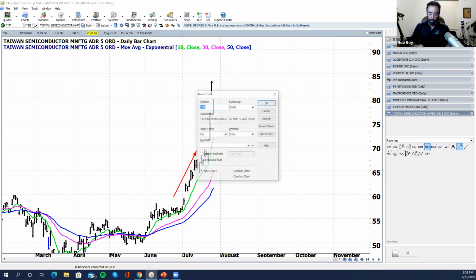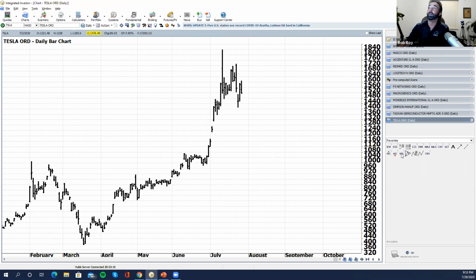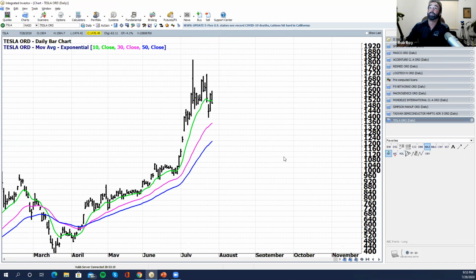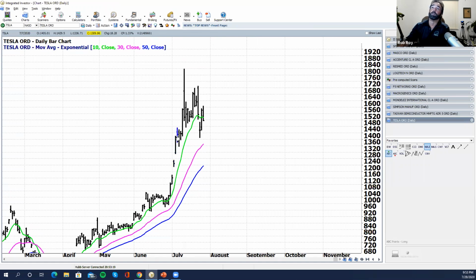Now, here's an example of that, which surprised me. Tesla. So you had Tesla moving vertical, and it just kept going vertical. I thought that we would come back down, and we didn't in that first move. So look what happened. It consolidated.